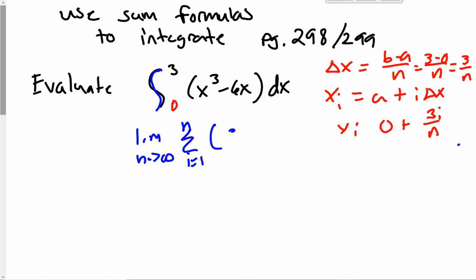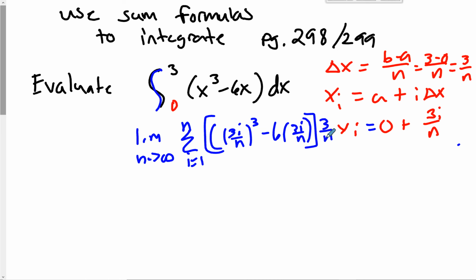So this is 3i over n cubed minus 6 times x, which is now going to be xi. So 3i over n, and then times by our change in x, which is just 3 over n. Okay, so that's what it looks like. Substitute it in. And now we can go ahead and evaluate.